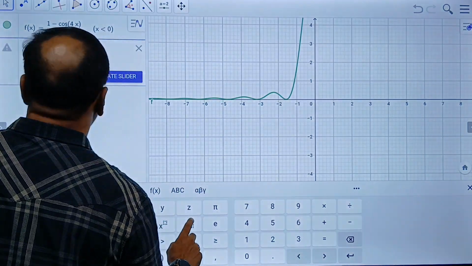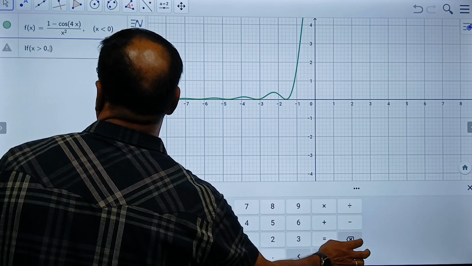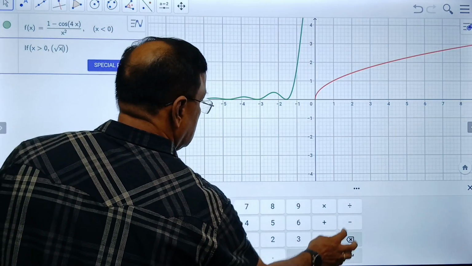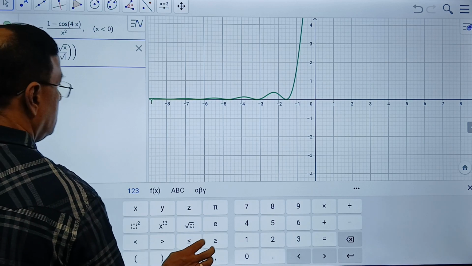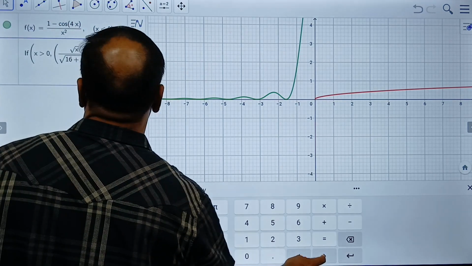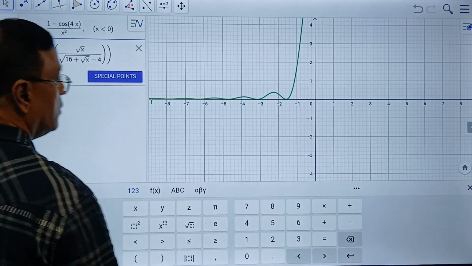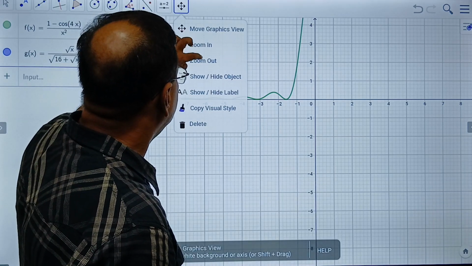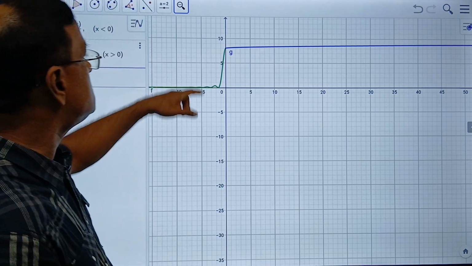It's actually root x divided by root of 16 plus root x minus 4, plus enter. So I got the graph now. Let's zoom out and see. So you can see clearly this is the graph.